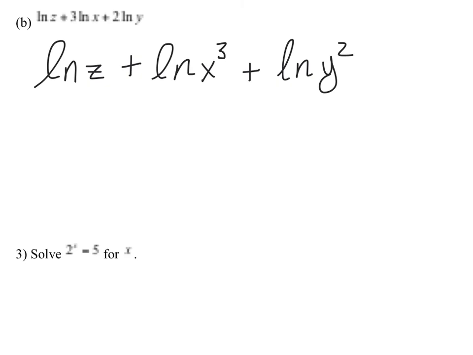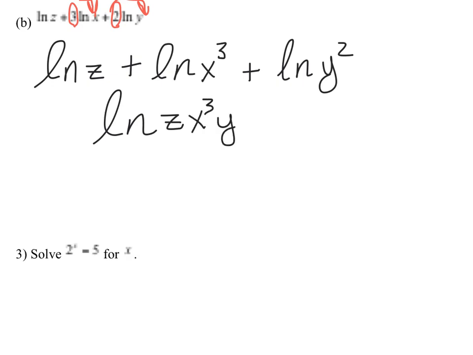So I'm moving these numbers here. These are actually exponents, and I'm moving them back to the front, or as the exponent to the variable. Now I'm going to combine my ln's together, all as one. So this is condensing: ln of z x to the 3rd y squared, and that's it.